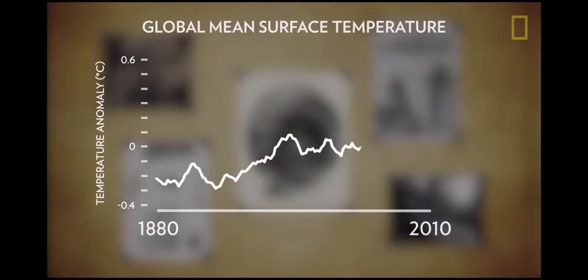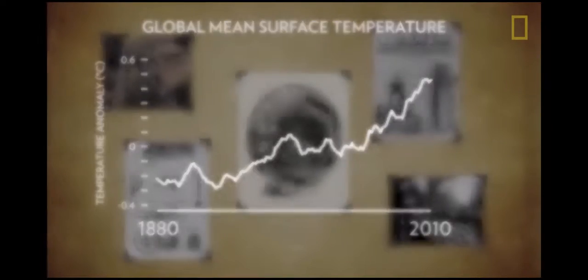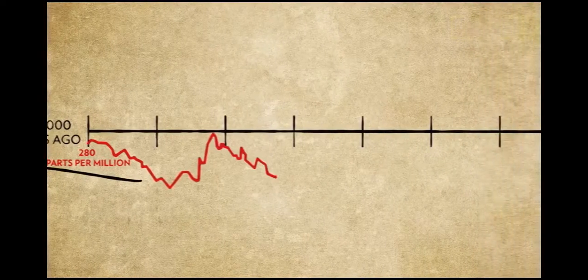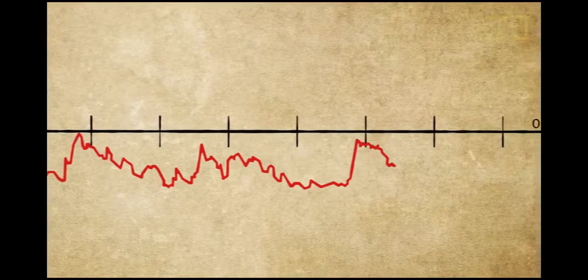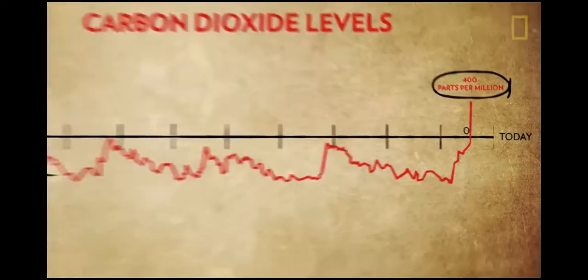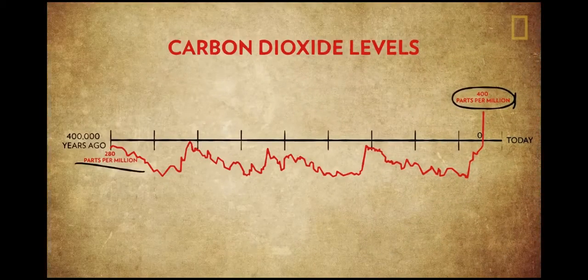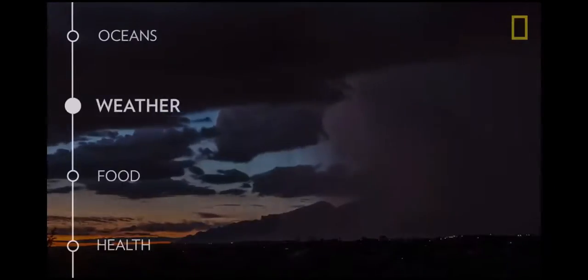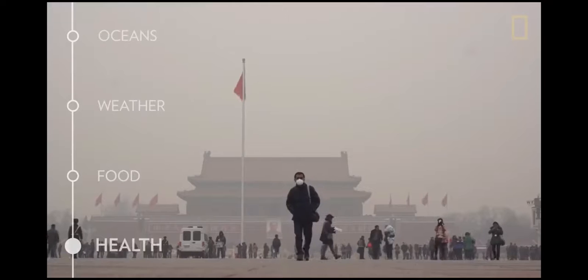The rapid increase in greenhouse gases in the atmosphere has warmed the planet at an alarming rate. While Earth's climate has fluctuated in the past, atmospheric carbon dioxide hasn't reached today's levels in hundreds of thousands of years. Climate change has consequences for our oceans, our weather, our food sources, and our health.